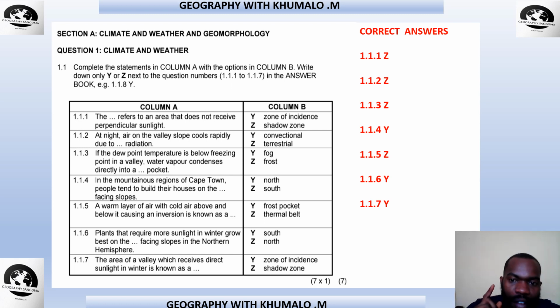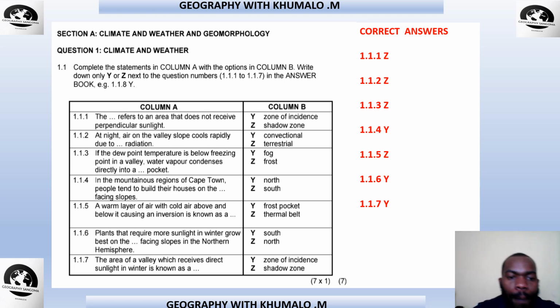So the answer to 1.1.4 is Y, which is what? The north-facing slope. Remember, Cape Town is in South Africa, in the southern hemisphere. So we know that in the southern hemisphere it is the north-facing slope. You didn't have to go to Cape Town. I'm sorry if you thought that you had to go to Cape Town, but you were just supposed to know where Cape Town is.